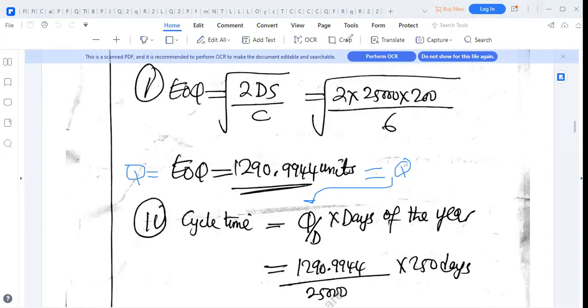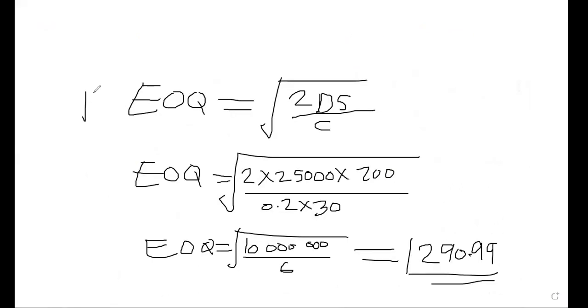Okay, so we have gotten that one. This is the first one, on economic order quantity. Should they ask us to do number 2, which is the cycle time, cycle time is actually going to be equal to Q over D multiplied by the days of the year.